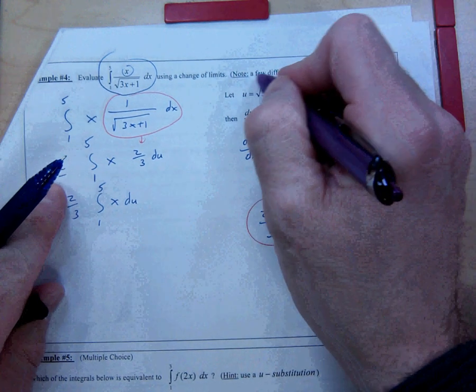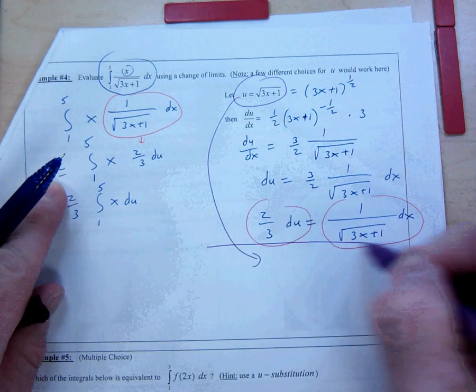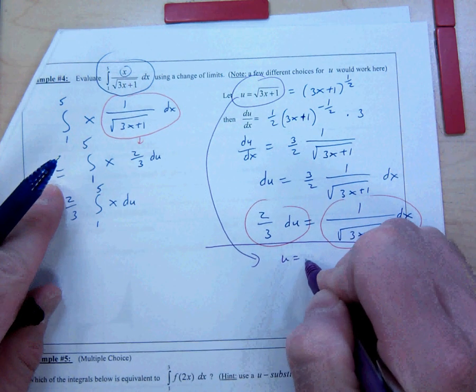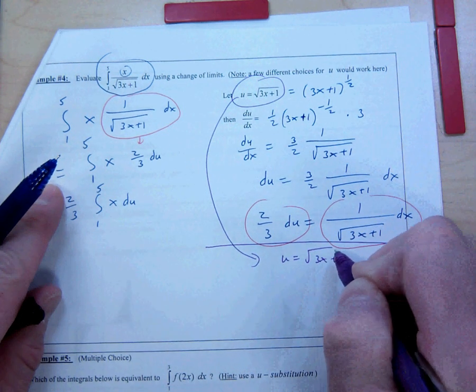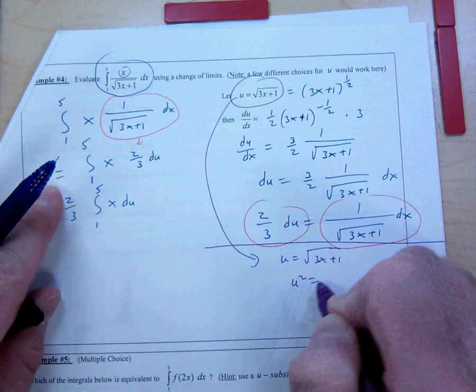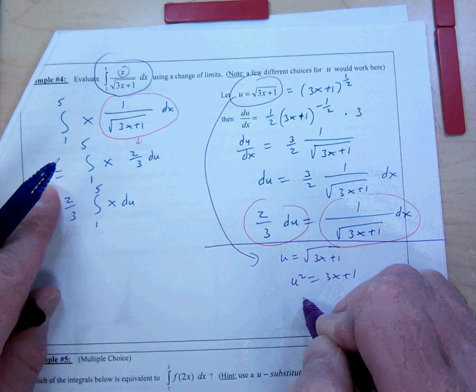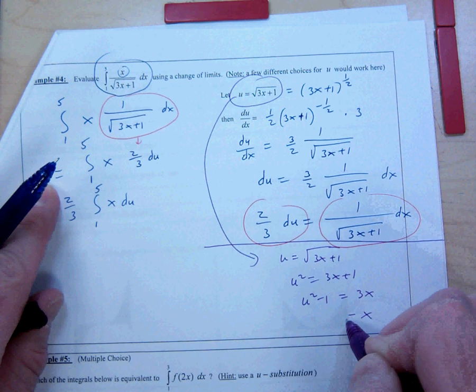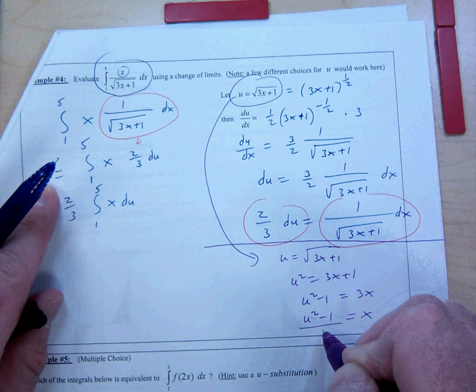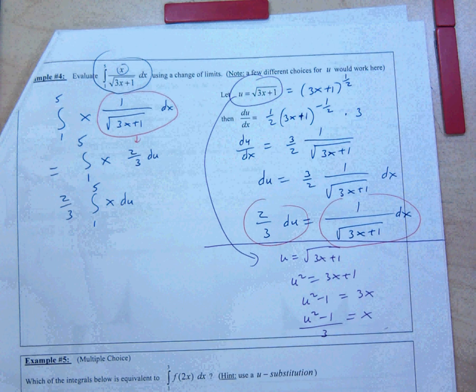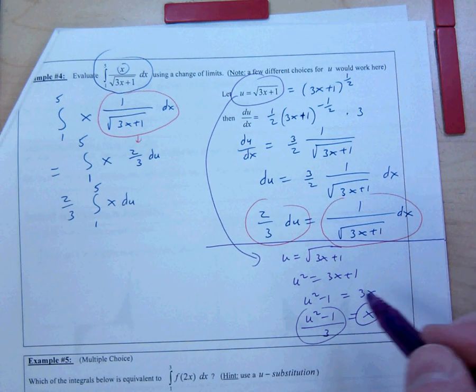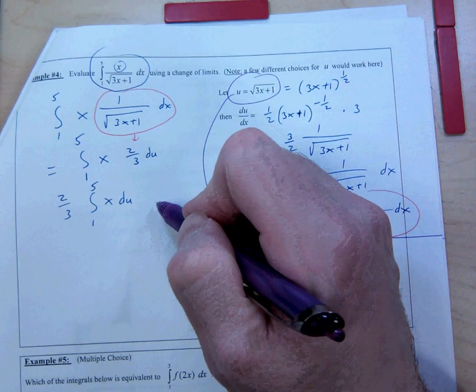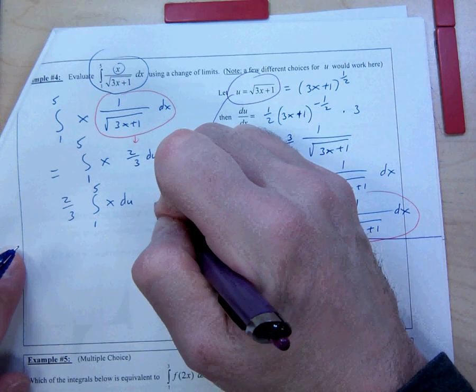So I'm going to take this and say, okay, if u equals that, I can solve this for x, right? By squaring both sides, and then subtract 1 from both sides, and then divide both sides by 3. Okay? And so now I can replace x with this, can I? Everybody see what I'm doing?